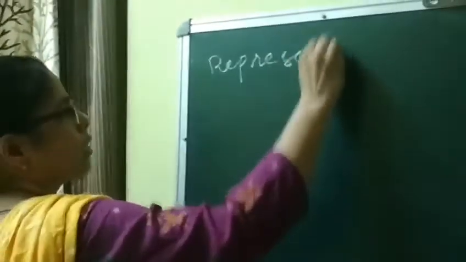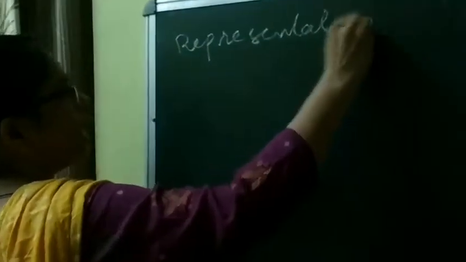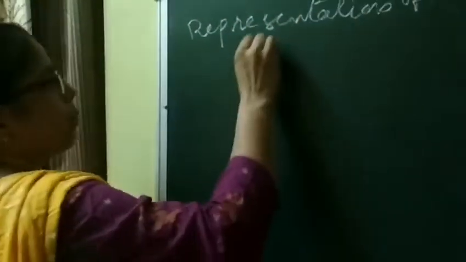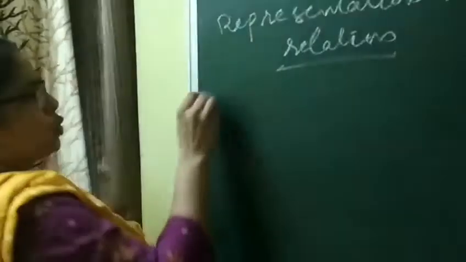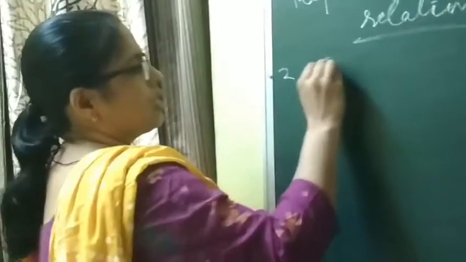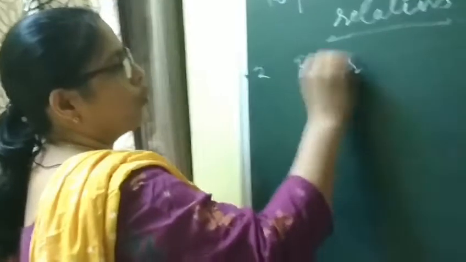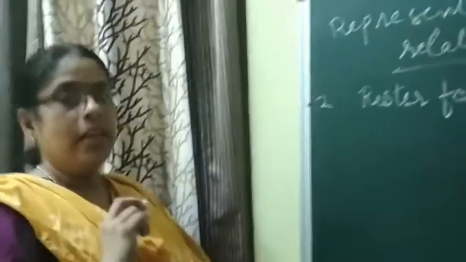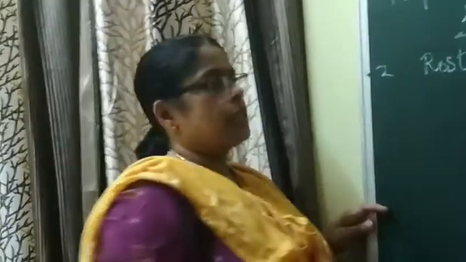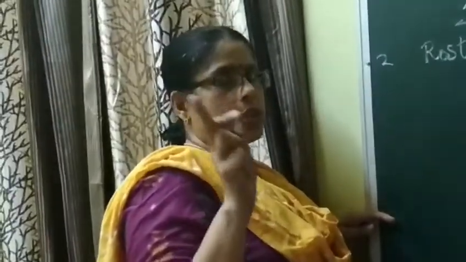A relation can be represented in two forms. The first one is roster form. Do you remember the word roster form? In the representation of sets, there were two methods. The first one is roster form.